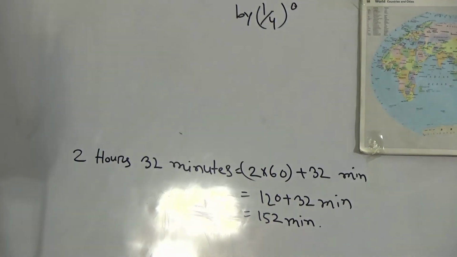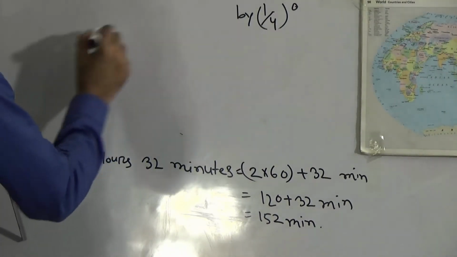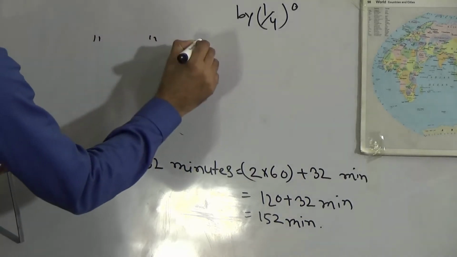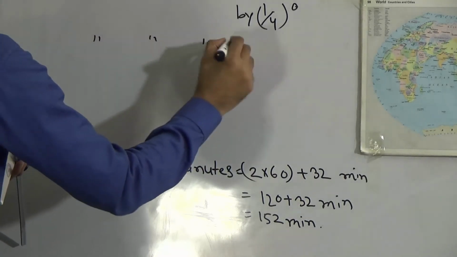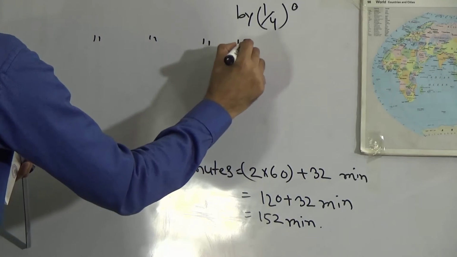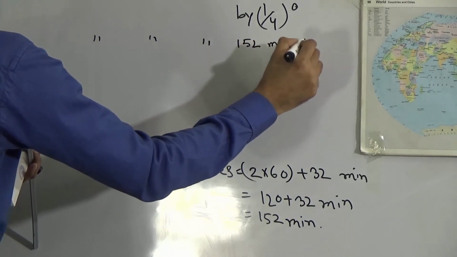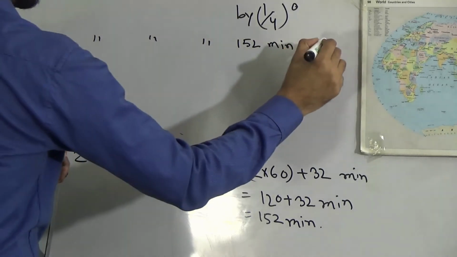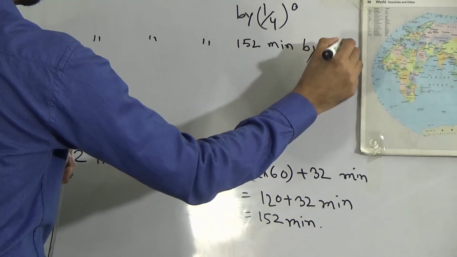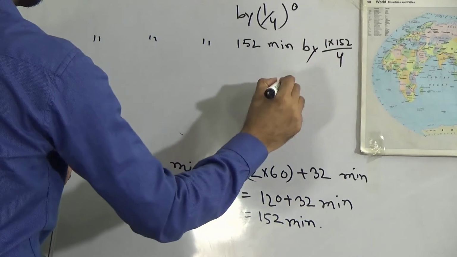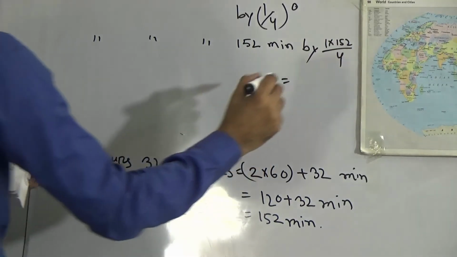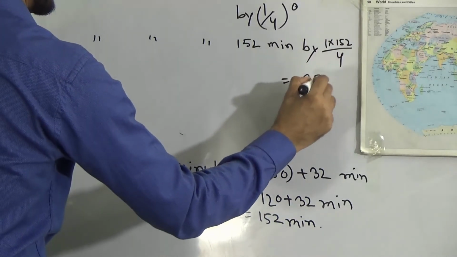So this is the time difference. Now the meridian differs 152 minutes by 4, 1 into 152 by 4 equals 38 degrees.